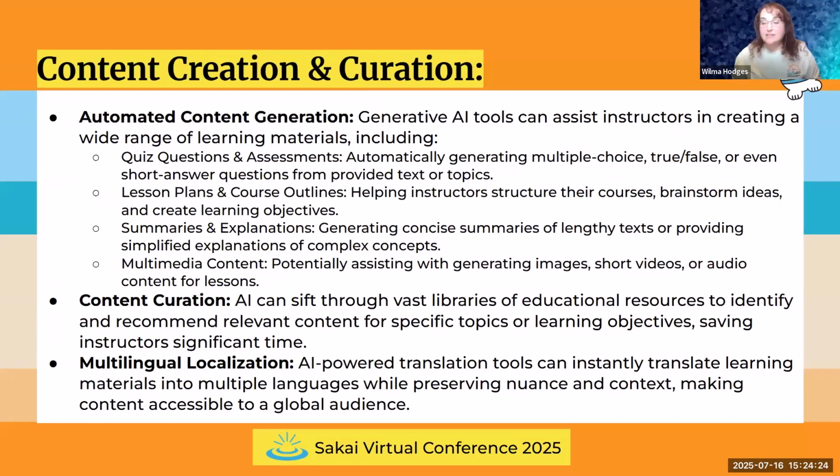So content creation and curation. This, I think, personally is probably more appropriate for an LMS because it's more concerned with using AI to help construct the course to make some shortcuts for things that are perhaps laborious tasks or repetitive tasks, or just where you're dealing with a lot of information that you want summarized, to help the instructor quickly generate things like quizzes, lesson plans, summaries, content, multimedia content, that kind of thing.